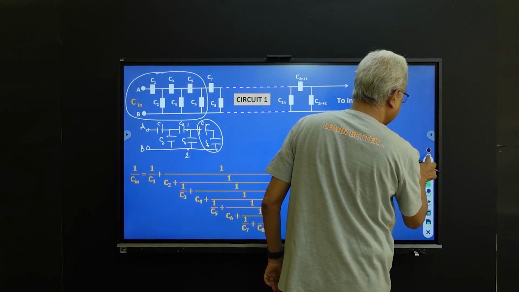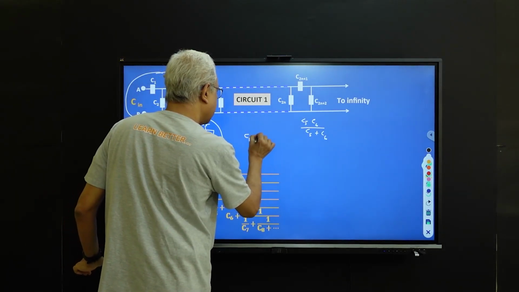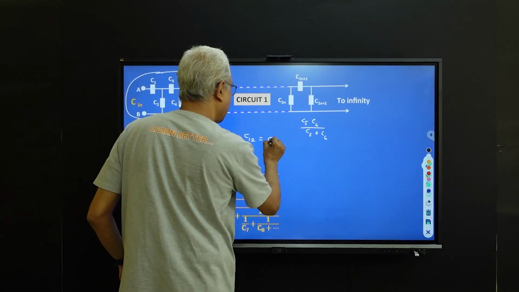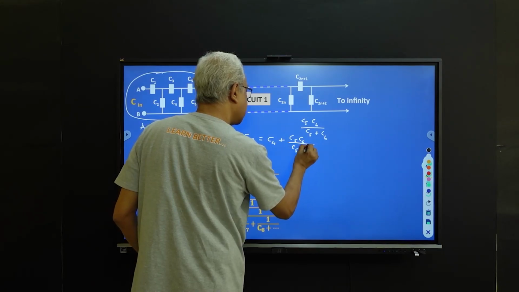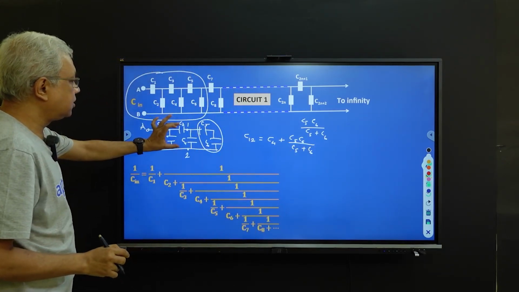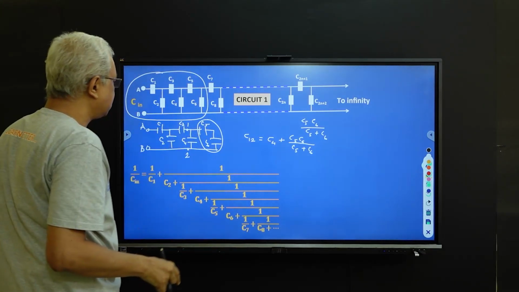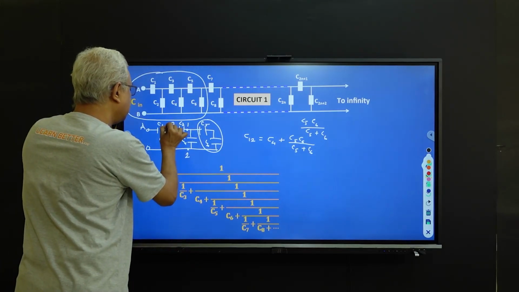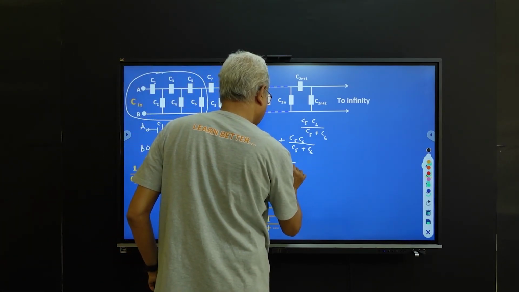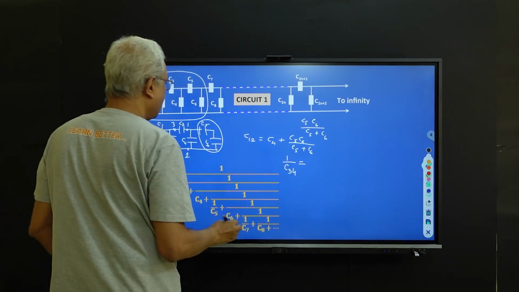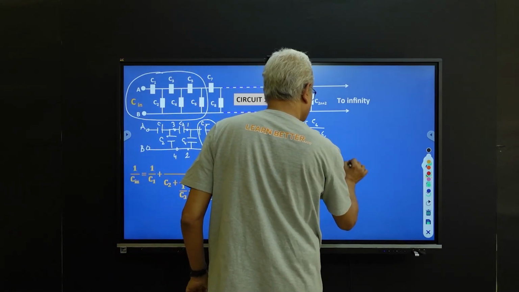Now, this equivalent capacitance is in parallel with C4. So C12 I can write as C4 plus C5 C6 by C5 plus C6. This is the equivalent capacitance between 1 and 2. Now, this C12 is in series with C3. So if I consider these 2 points as 3, 4, then 1 by C34 can be thought of as 1 by C3 plus 1 by C12.